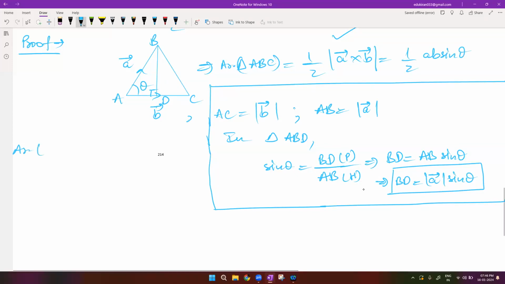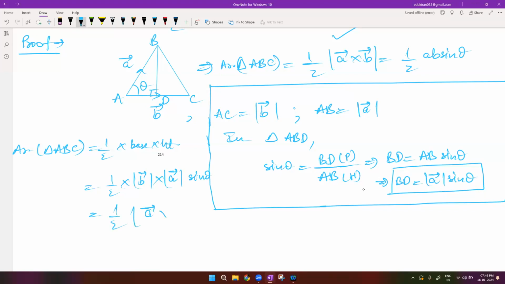Area of triangle ABC is equal to half base into height, right? Base we already know. Base is the magnitude of B. Height is this BD. BD can be written as the magnitude of A sine theta. And this whole thing is nothing but the magnitude of A cross B.